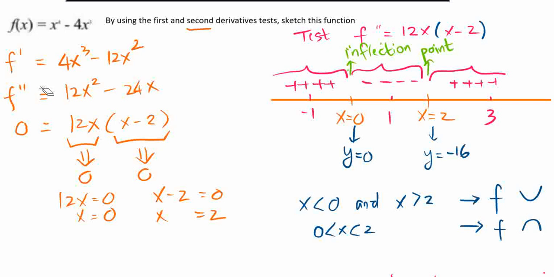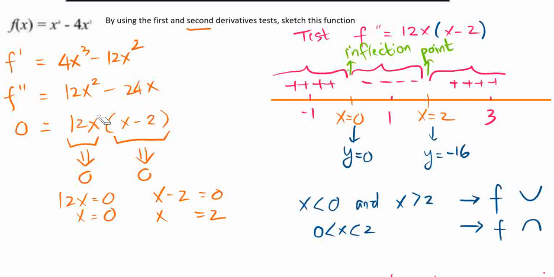Now we have to make the second derivative equal to 0, so we can test the second derivative. First we factorize 12x squared minus 24x. We take out the common factor, that is 12x. 12x squared with 12x taken out is x. Minus 24x, with the factor of 12x taken out, gives minus 2, because minus 24x divided by 12x is minus 2.